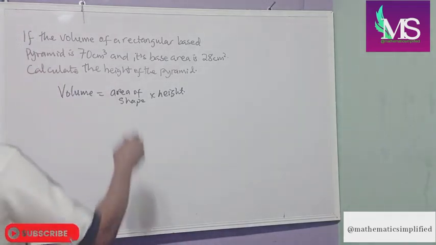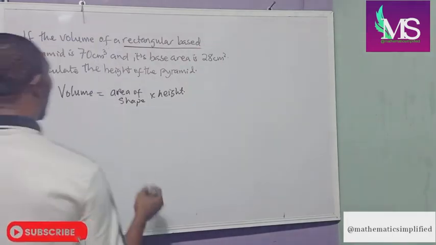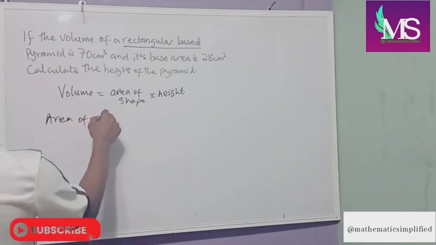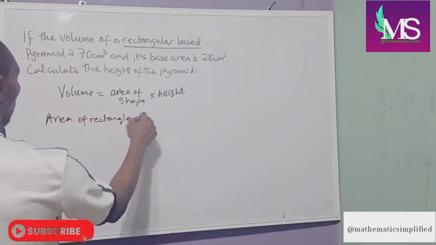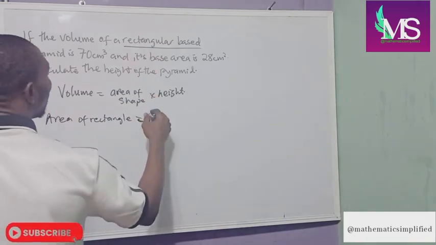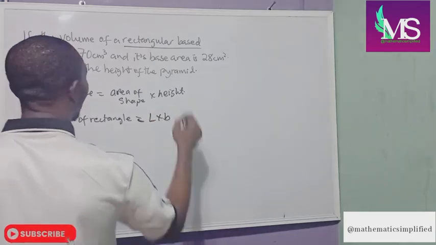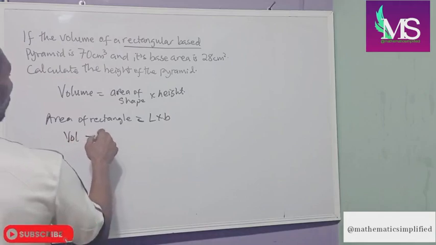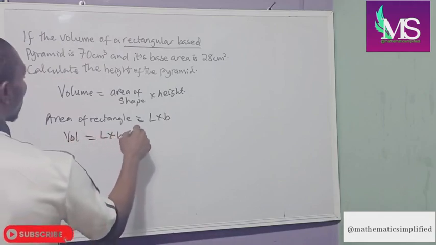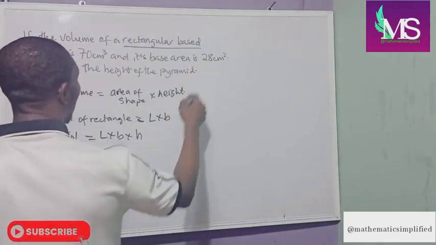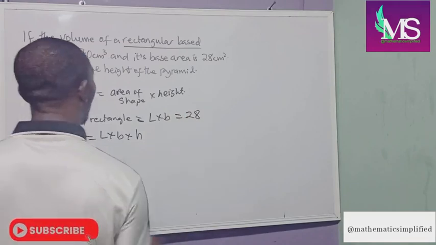Now, in this case, we are told it's a rectangular based pyramid, and we know that area of a rectangle is length times breadth. So for our volume will be length times breadth times height. We are told that the area is 28.